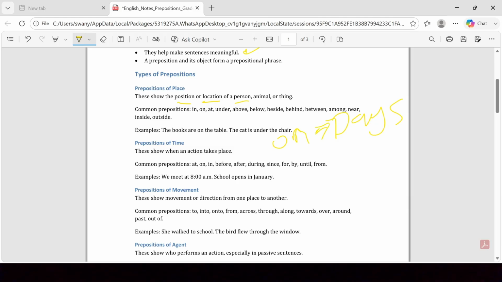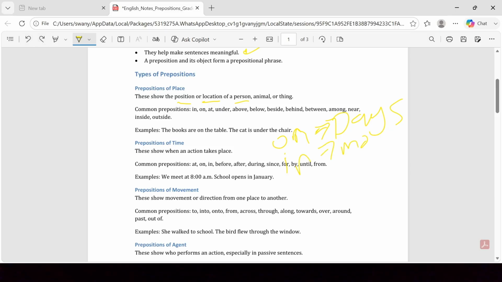Then in is used to show months and also years. In 1967, Kenya got independence. So you find that in the year 1967 has been used to show when Kenya got independence.